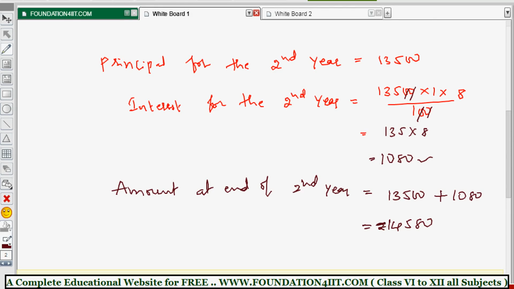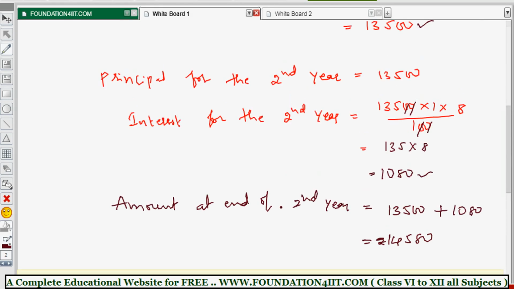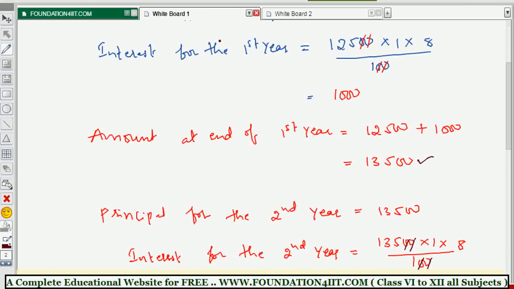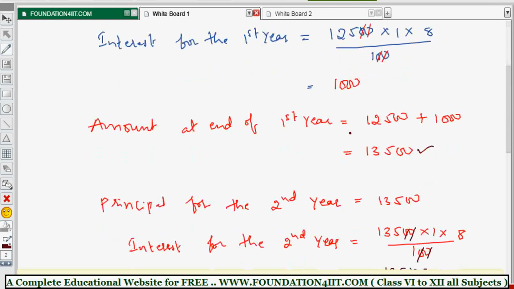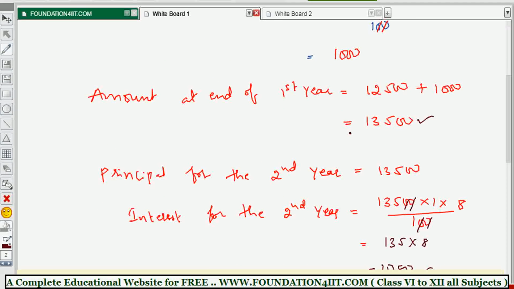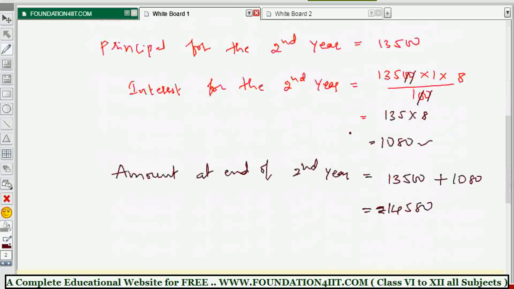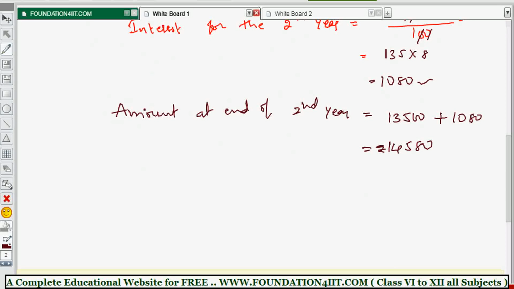So two questions, and they asked us to find the amount, and at the same time the compound interest also. So how much interest in total? If you want to find the total interest, it is the final amount minus the original principal. Always from the amount you have to subtract the original principal. Then you get the compound interest for 2 years.